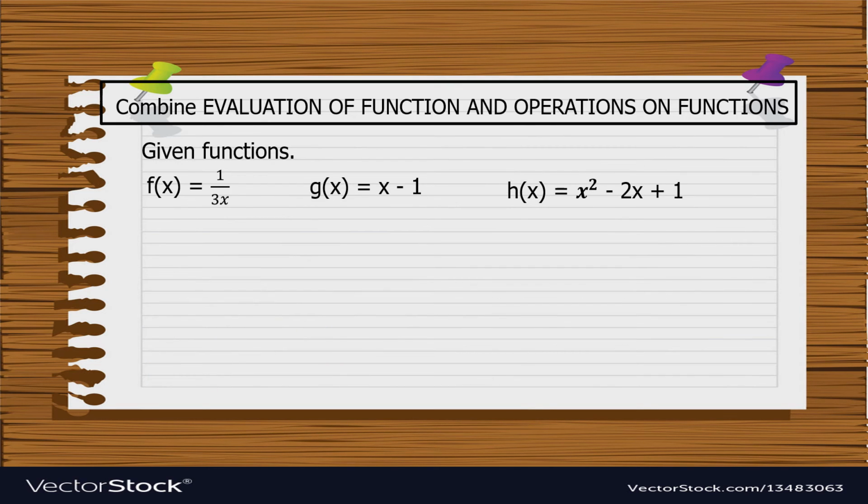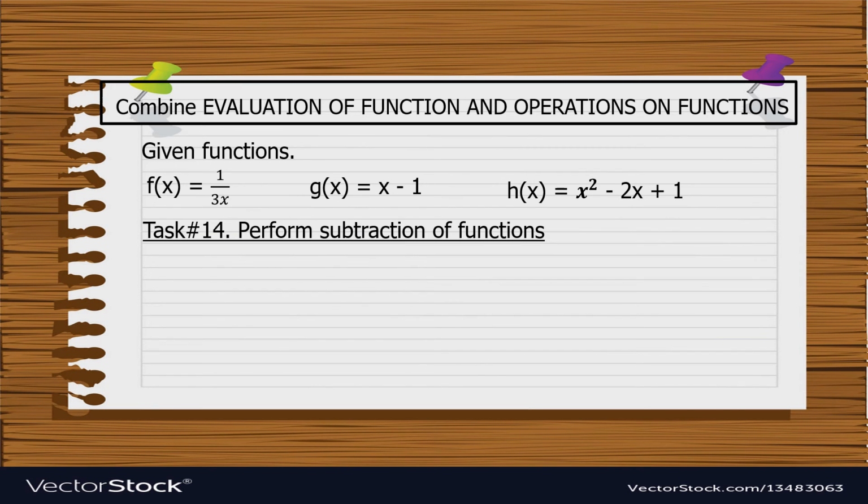Now, let us combine evaluation of function and operations on functions. Your task number 14 is to find h minus g of negative 2. So here, x equals negative 2. So we will just rewrite negative 2 as x. H minus g of x is equal to h of x minus g of x.